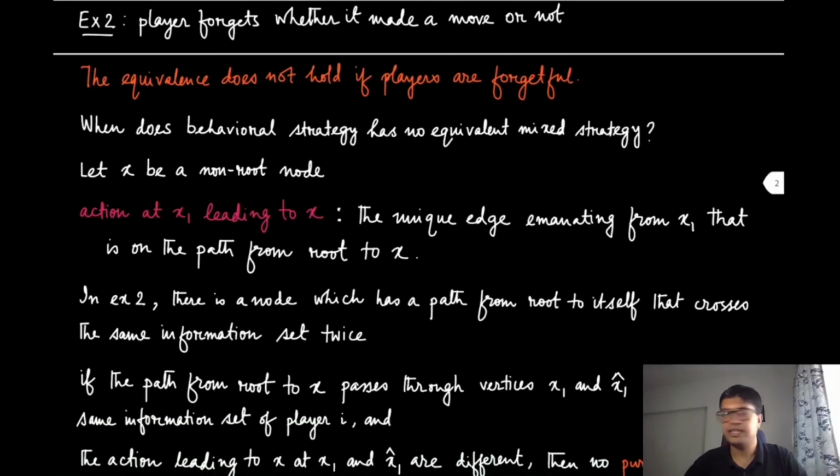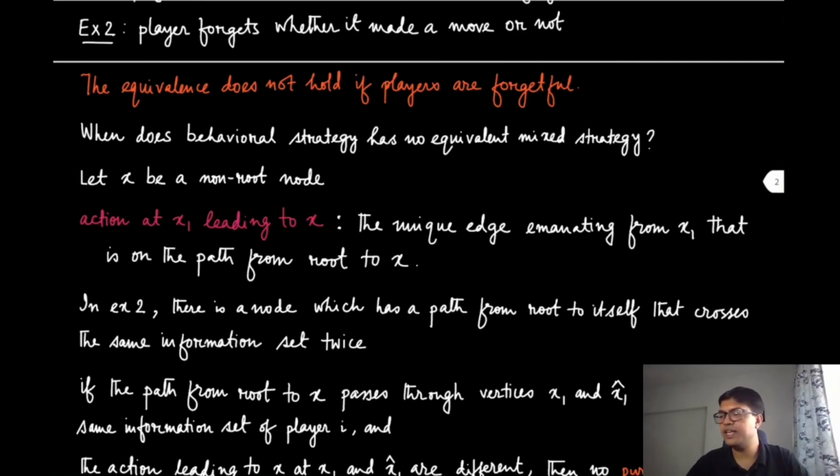Now let us dissect the second example a little more so that we can actually say some results about when the behavioral strategy does not have any equivalent mixed strategy. So if we look at the previous example, if we have a specific non-root node, and we are taking the action.